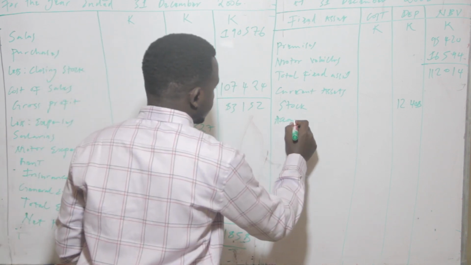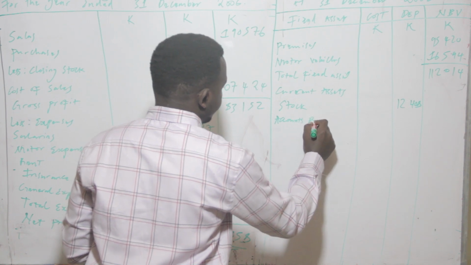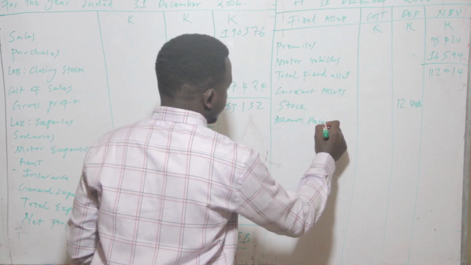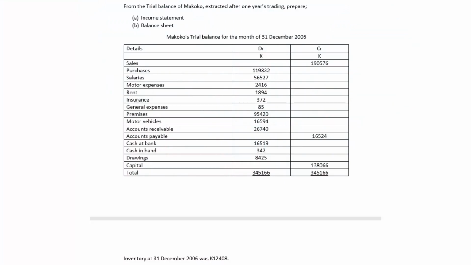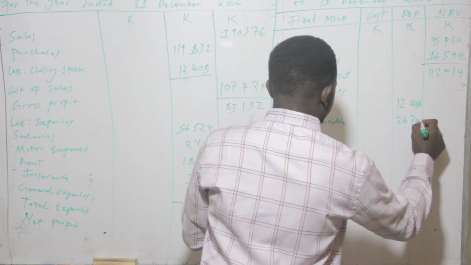So accounts receivable are also referred to as debtors. So this is amounting to 26,740.